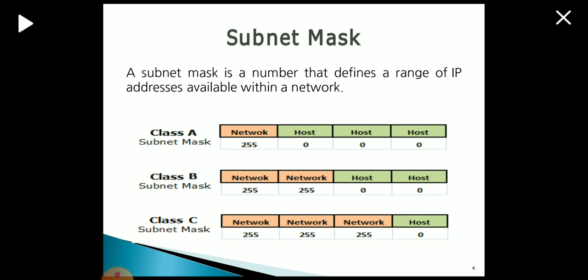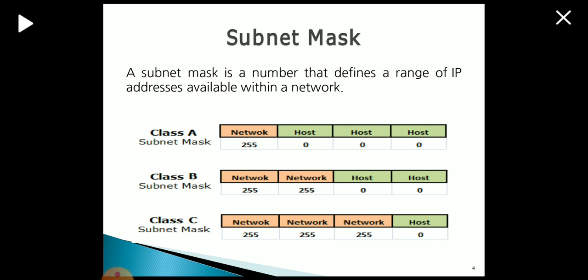Now, what is subnet mask? Subnet mask is the number that defines a range of IP addresses available within a network. Class A subnet mask is defined as 255.0.0.0, where 255 represents network ID and 0 represents host ID.